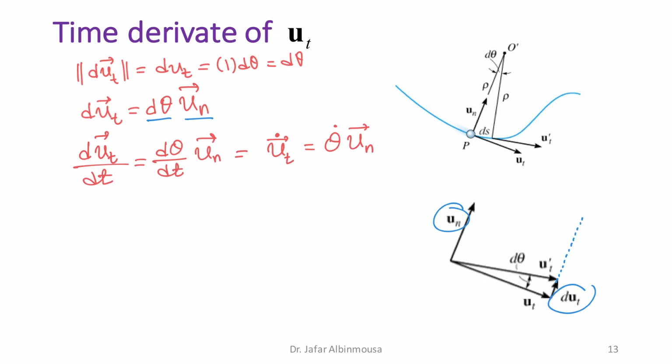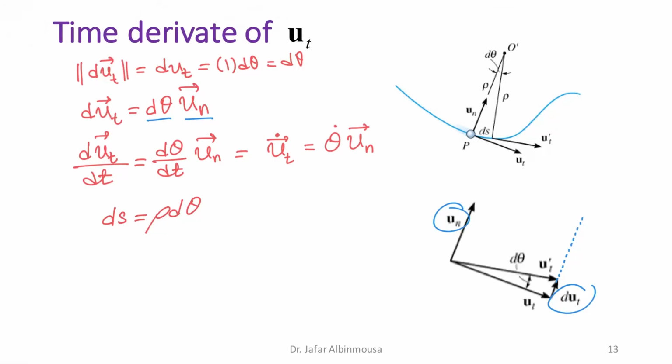Now, I don't know what theta dot is. So I'm going to move to this schematic to try to find the relation between the arc length, the radius of curvature and theta.